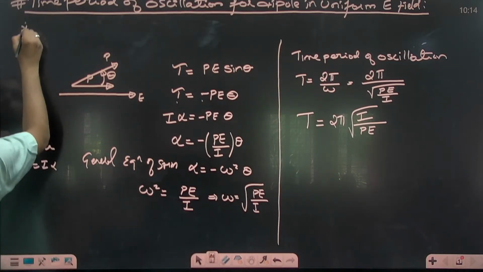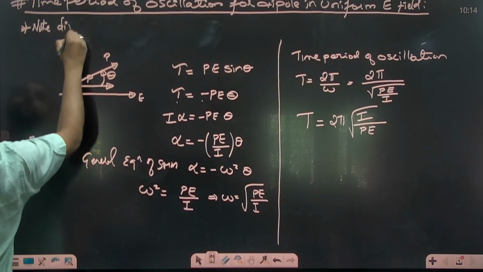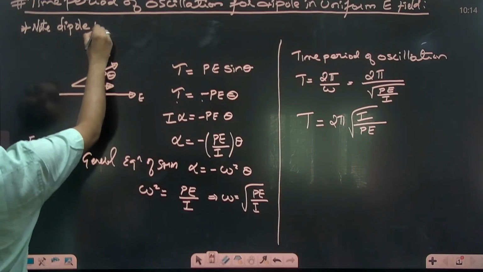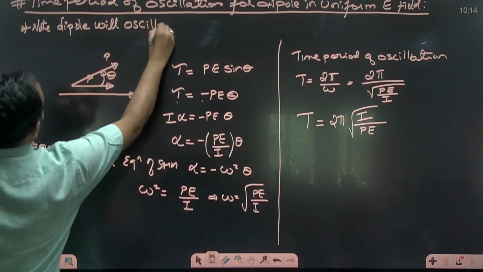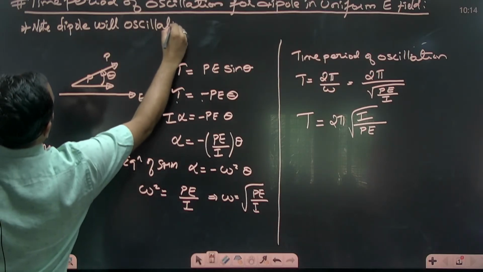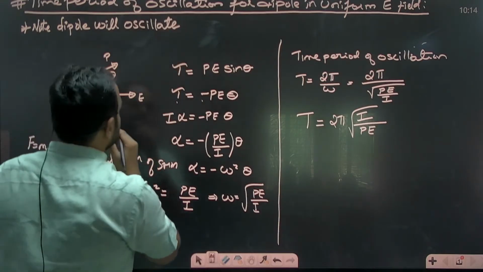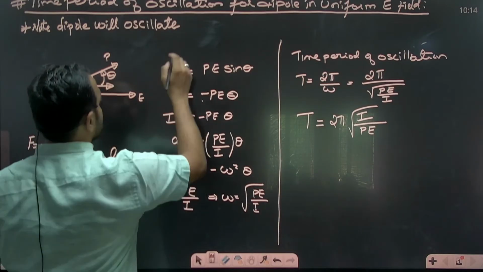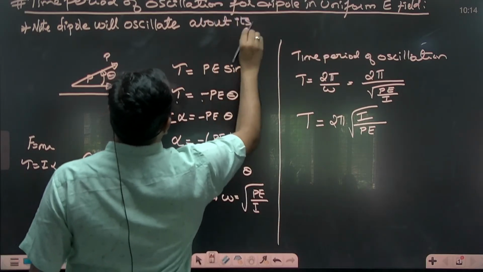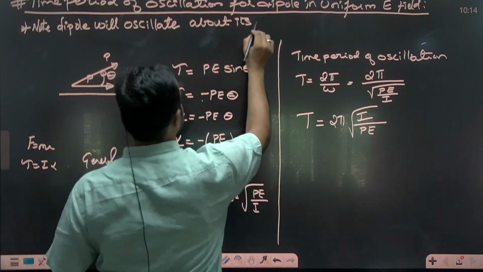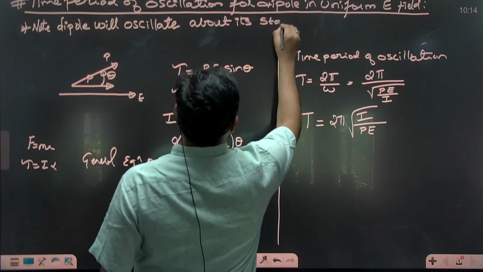Right. So you have to note that the dipole will oscillate about what kind of position? Stable equilibrium position.